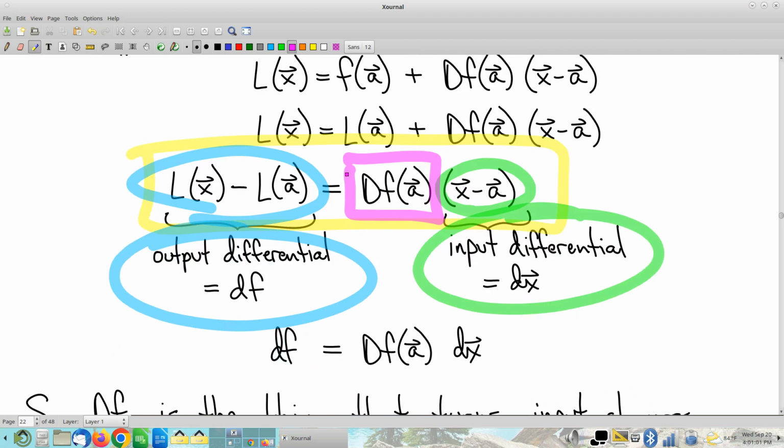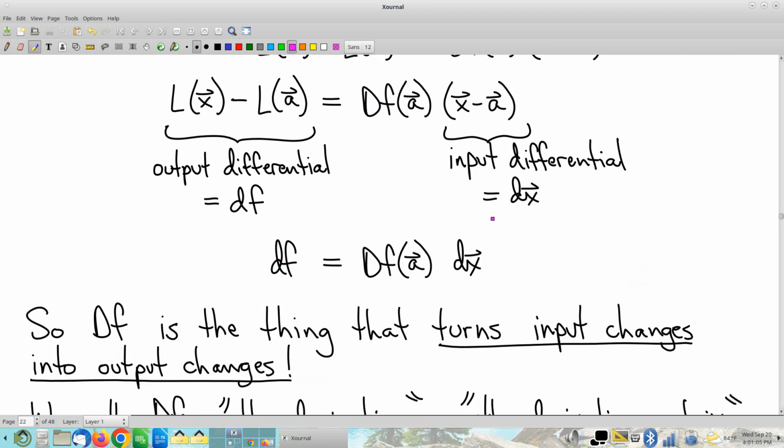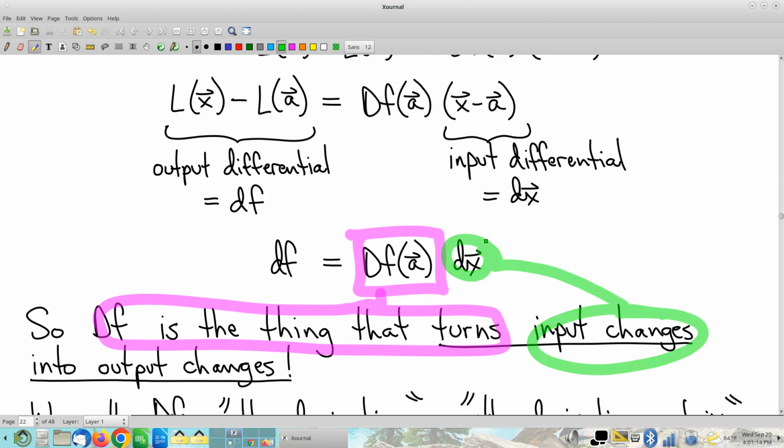And just for sort of dramatic purposes, DF is the thing that turns input changes into output changes. Right, so you can see how it fits the verbiage of our previous sort of description. What do you think? Everybody on board?